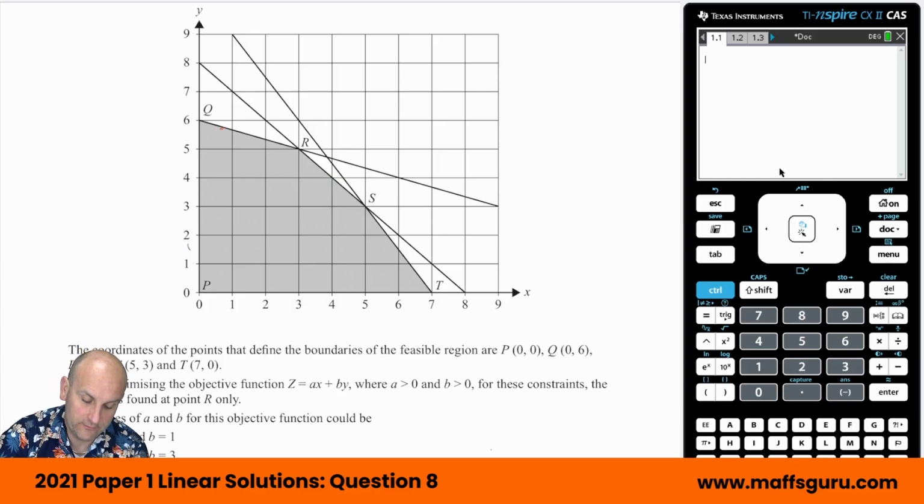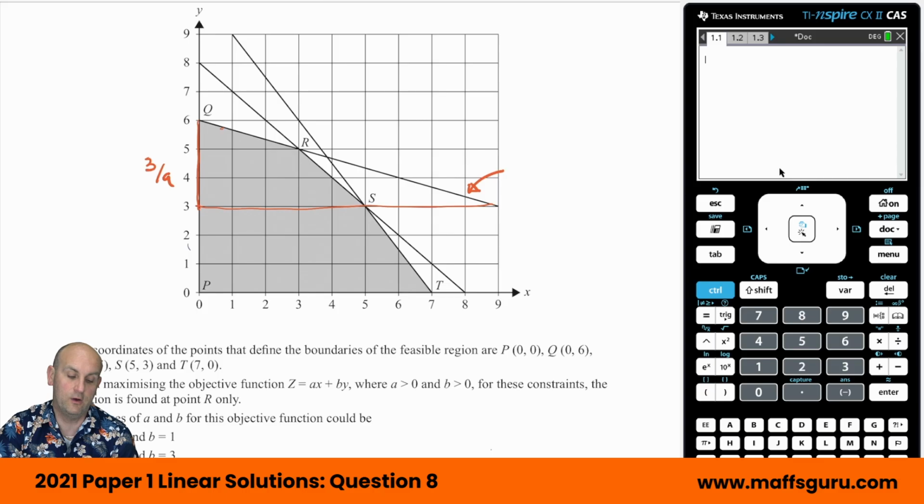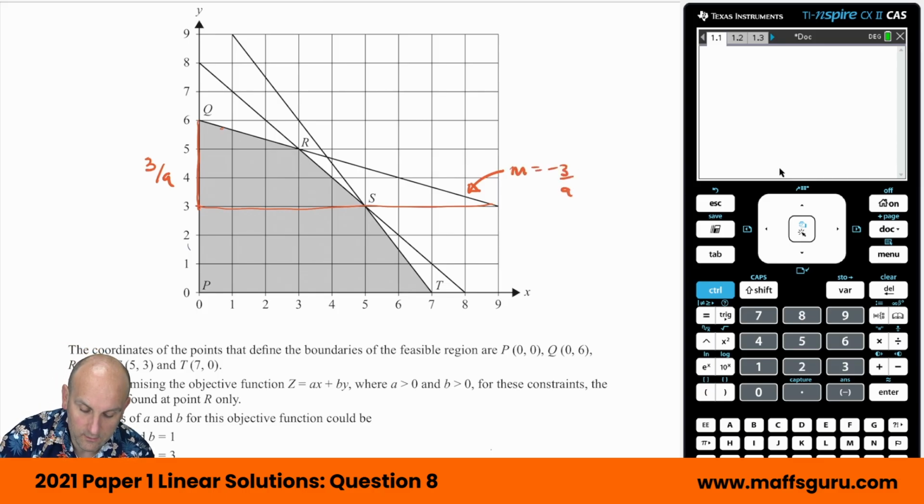So I'm going to find the value of the gradient of that line there, because we can use that to help us with our objective function. We know the gradient of that line there is 3 on 9, or minus 3 on 9. So the gradient there is minus 3 on 9, which is equal to minus 1/3. That value is going to become important.